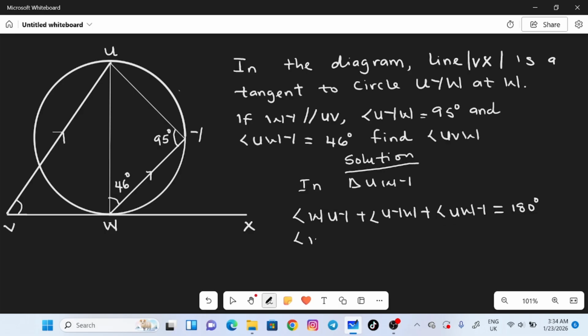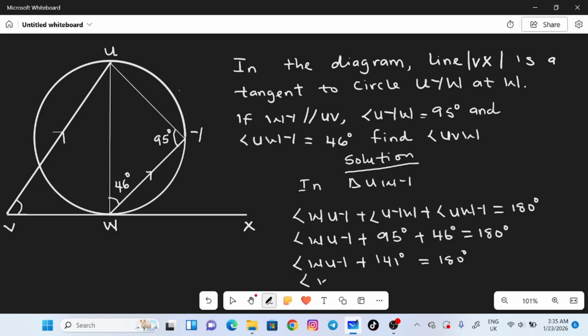Angle WUY plus 95 degrees plus 46 degrees equals 180 degrees. Our angle WUY plus 95 degrees plus 46 degrees will give us 141 degrees. 141 degrees equals 180 degrees.